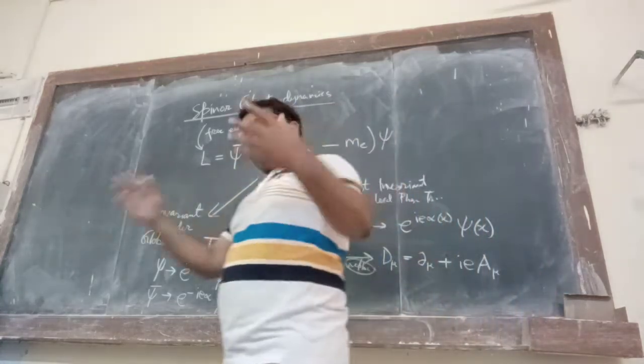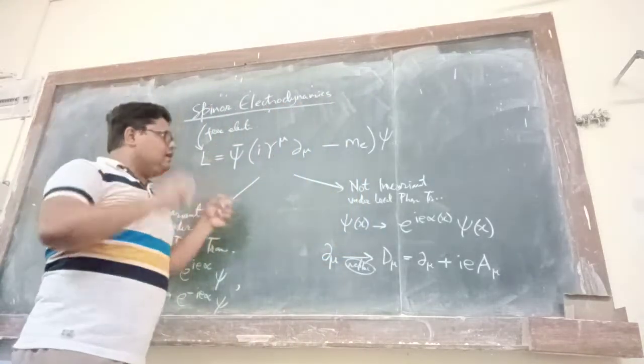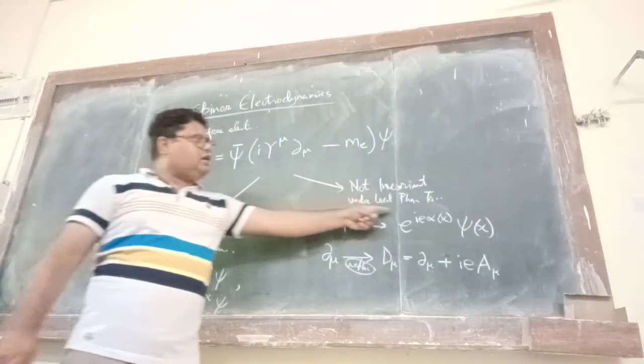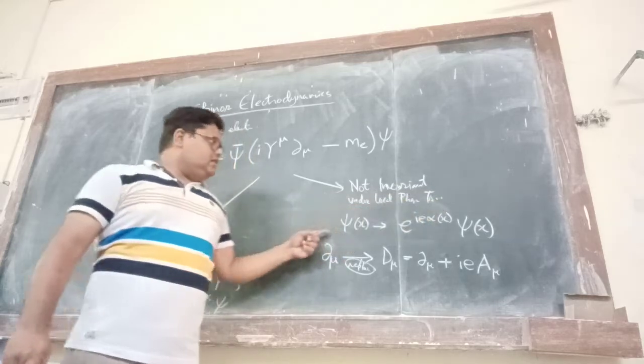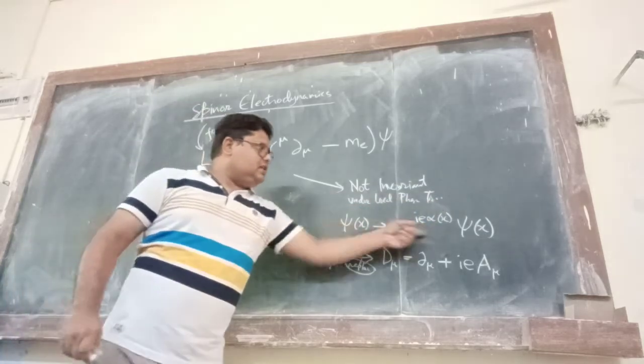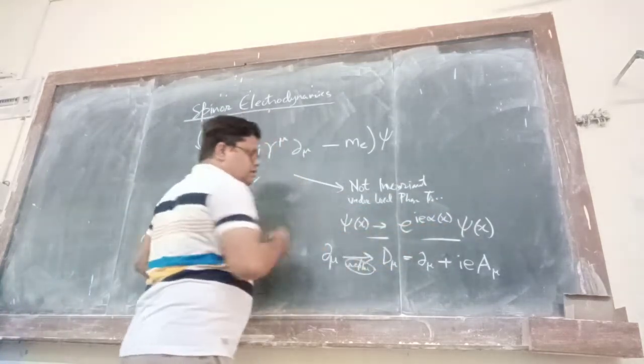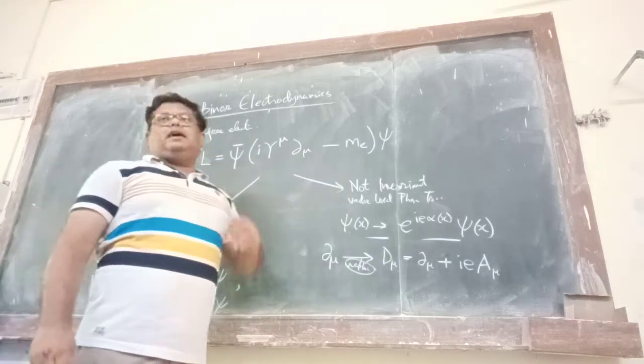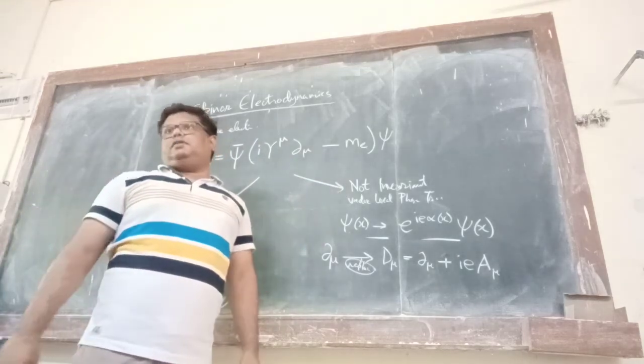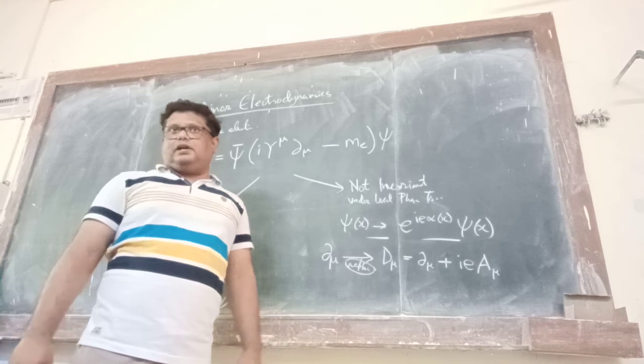Okay, and similar to the previous case as well, here in case of local phase transformation, which is this, right, the Lagrangian density doesn't remain invariant, similar to the previous scenario.